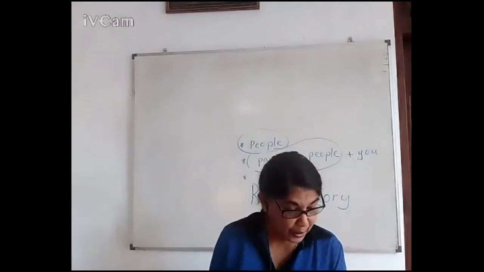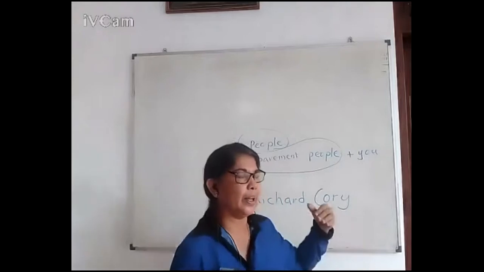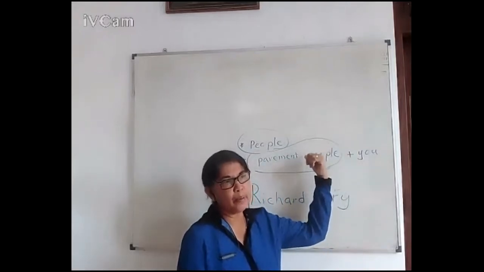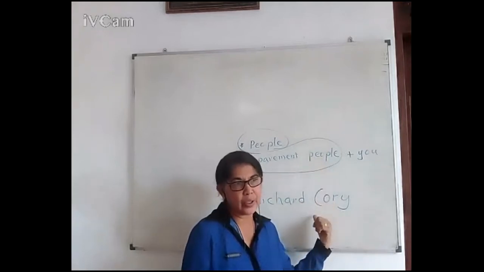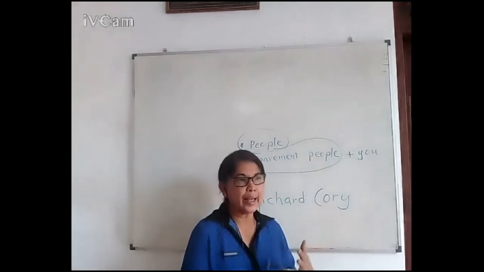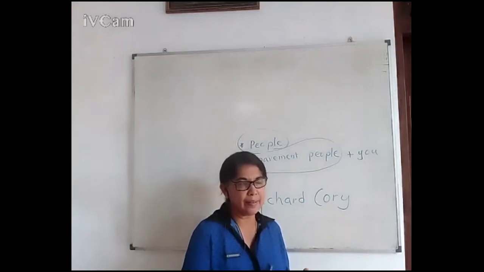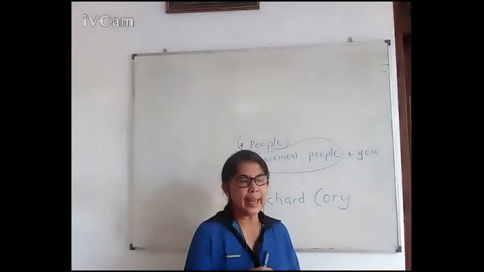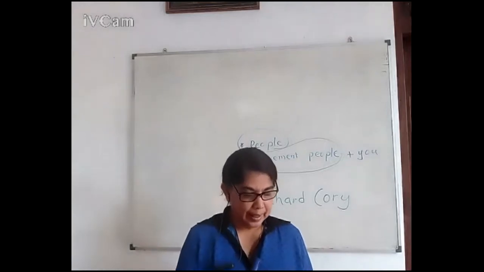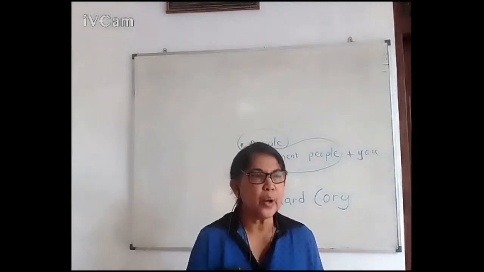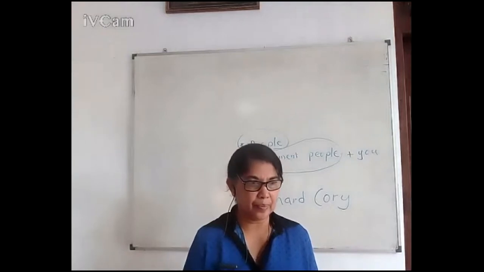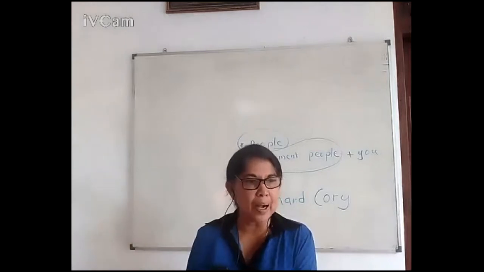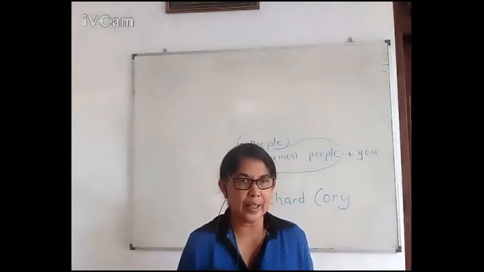So when we come to the next line, the other thing you can see is that when the pavement people are talking about Richard Cory, they are comparing themselves with Richard Cory. That means they can see the things they do not have are possessed by Richard Cory.